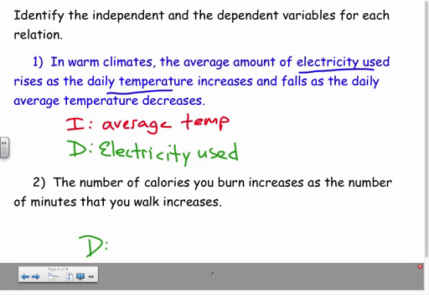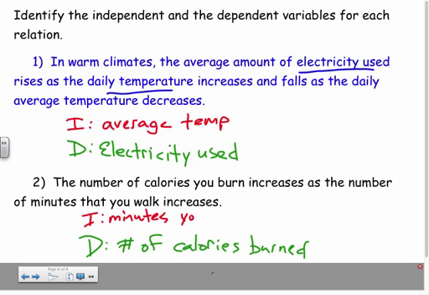So the number of calories burned, or calories burned, depends, right? That one depends, doesn't it, on how much you walk. Minutes you walk, or how much you walk. So you just got to think of which one depends on the other. Calories depends on how much you walk.